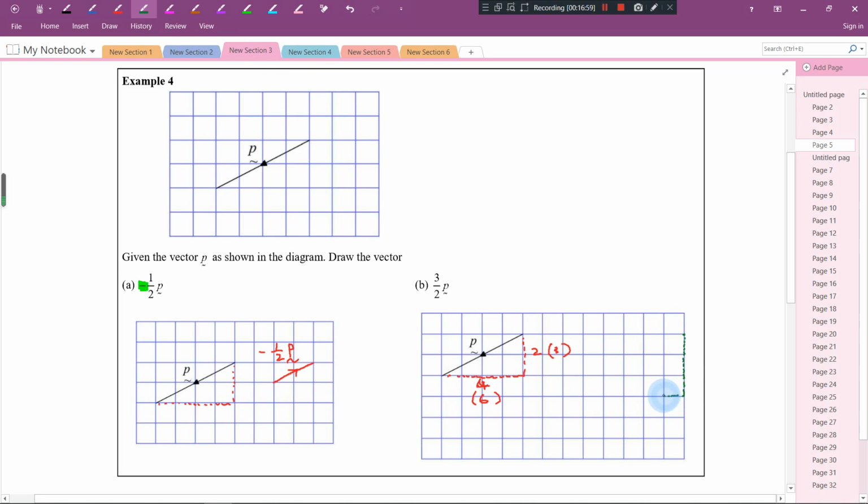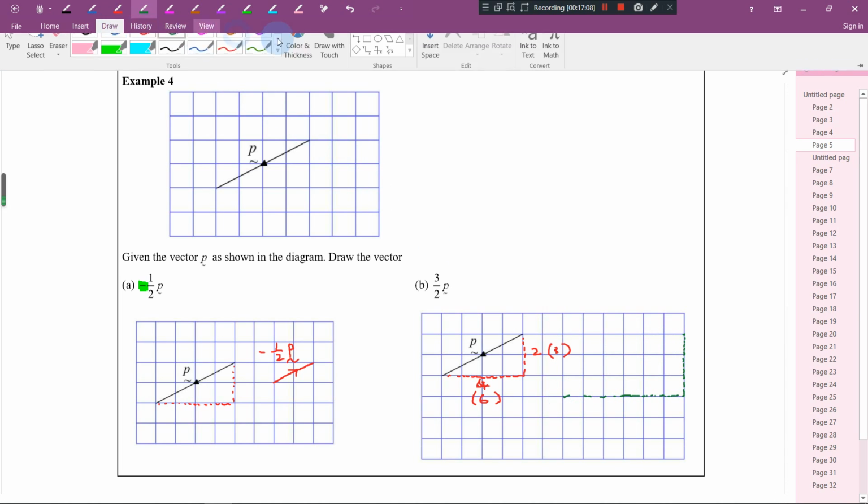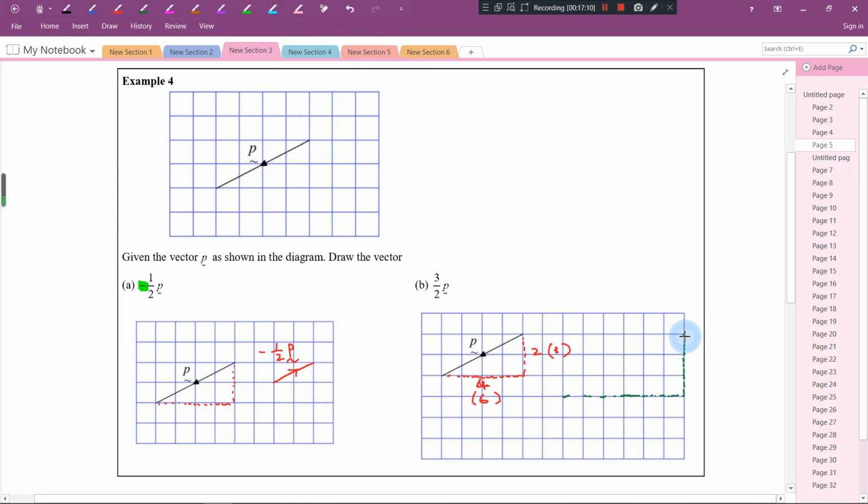Okay, go this way. 1, 2, 3, 4, 5, 6. Okay, stop here. Now I'm going to draw a line from here. Oh, this one sometimes is a little bit hard to draw. Okay, let me change it, see whether I can do it or not.